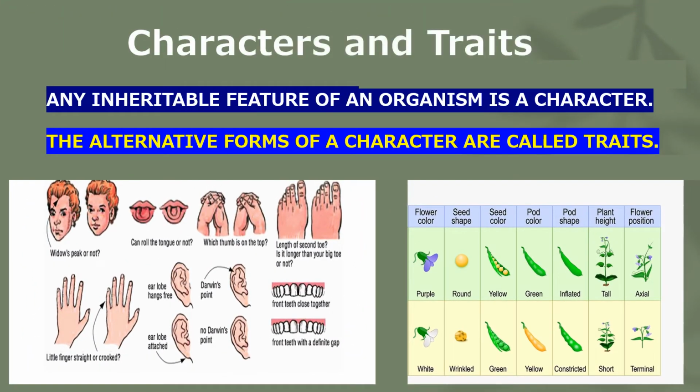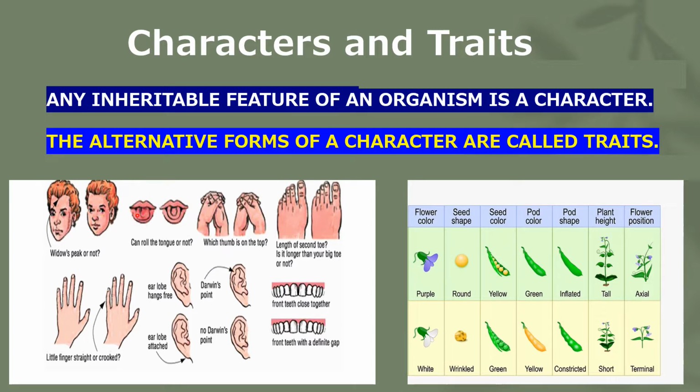Let us learn characters and traits. Any inheritable feature of an organism is a character. The alternative forms of a character are called traits. Here you can see some examples. Tongue rolling is a character; rolling of the tongue into a U shape is one trait. Then in some people they can't roll their tongue, no rolling.